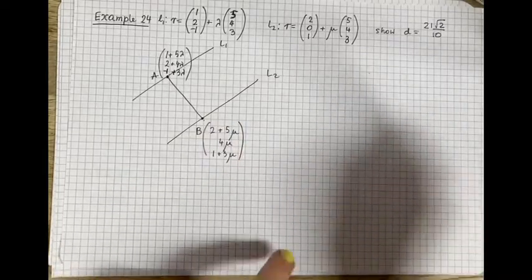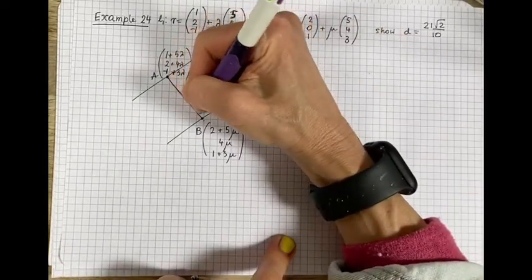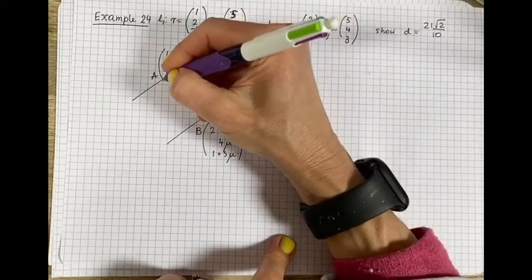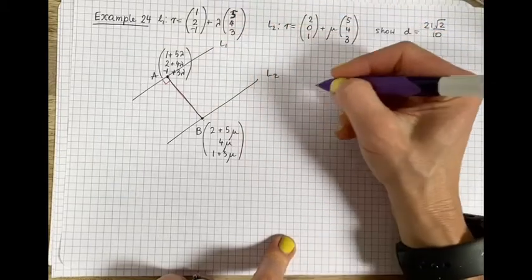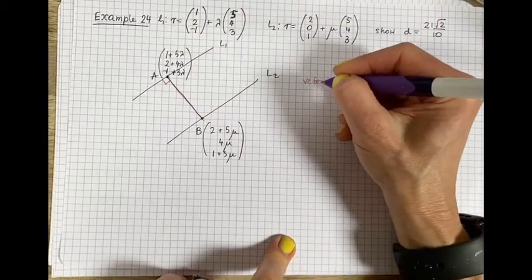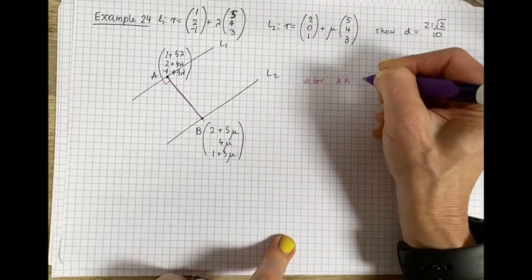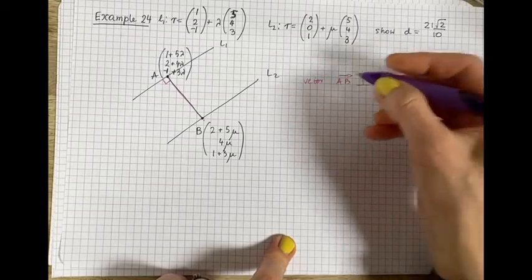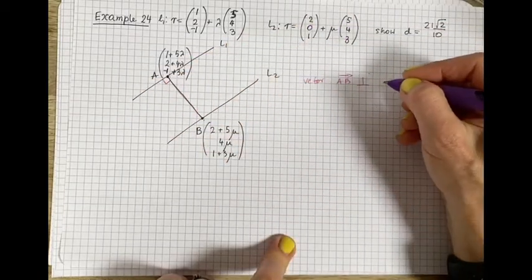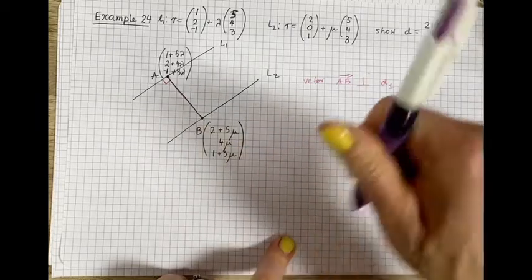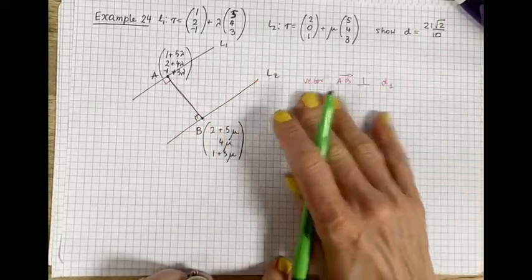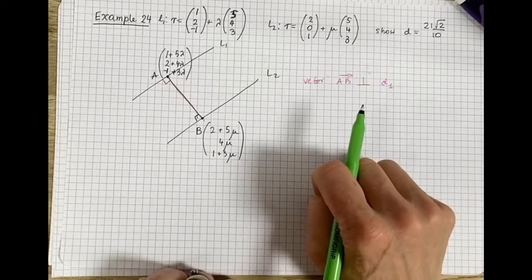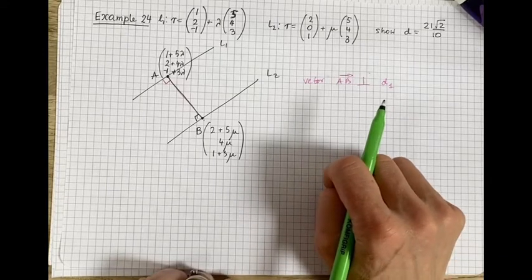If we're looking for the shortest distance, so the distance between these two lines, we are going to consider perpendicular distance. So we know that vector AB is perpendicular to the direction vector of line L1, or you could have picked the line L2 as well, but it's enough to show that it's perpendicular to L1 and use that information.